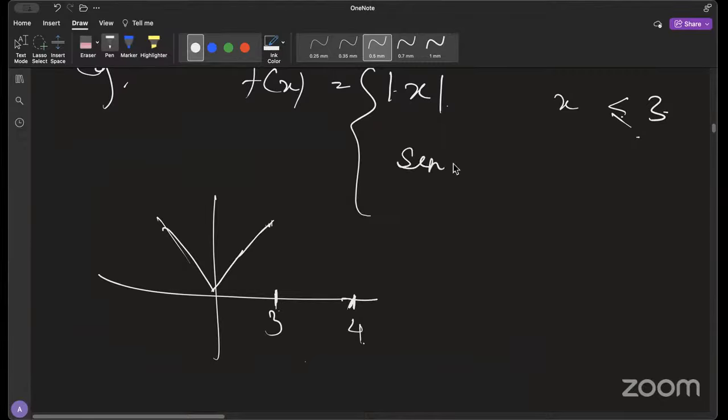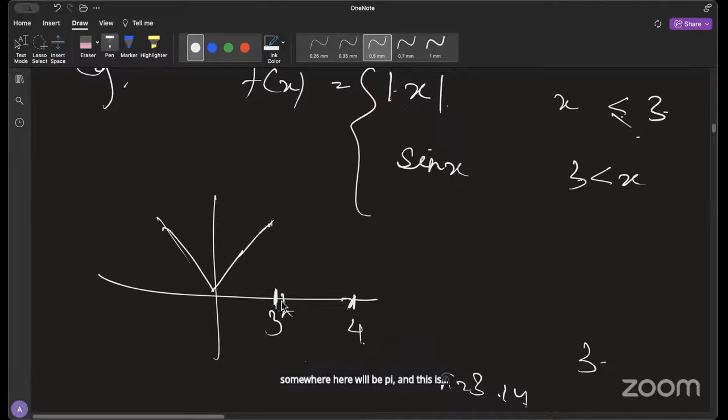Let's take sin x from here, for x greater than 3. We don't know where 3 lies. What's 2 pi? Pi is 3.14, right? So somewhere here will be pi, and at this point you will have 0.